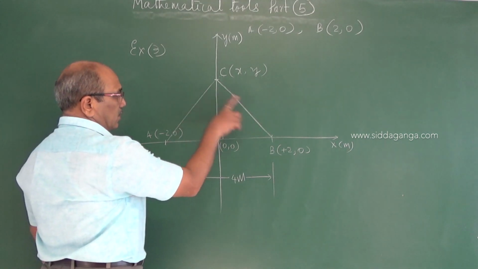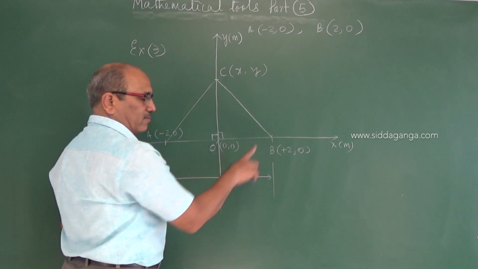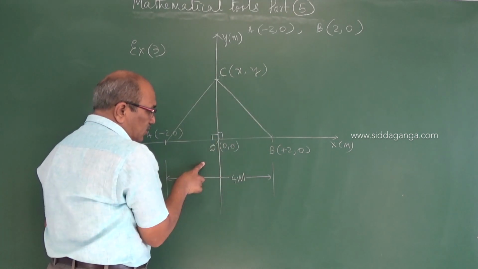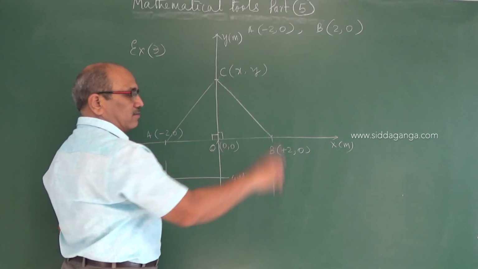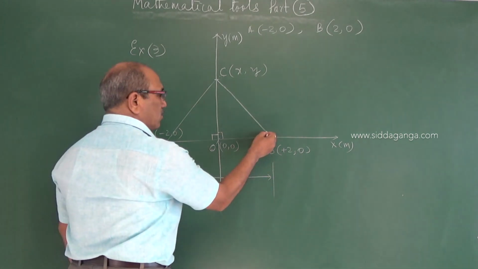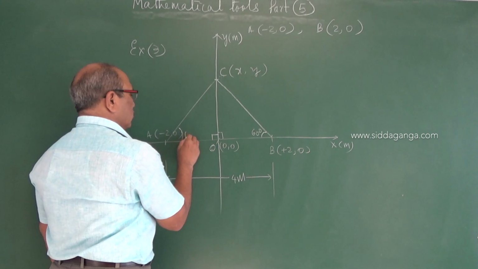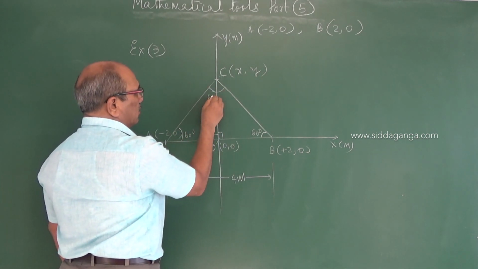And here, if this is 4 meter, if these two are similar, these two sides must be same and this must be same. Therefore, it is an equilateral triangle. In case of an equilateral triangle, this is 60. This angle is also 60 degree. These two independently 30 but together become 60 degree.